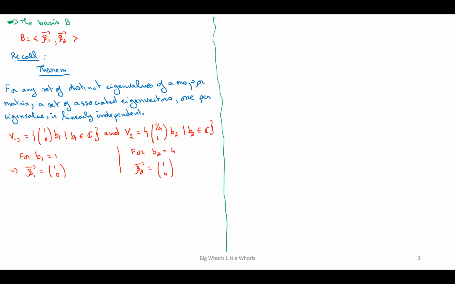Therefore, according to this theorem, we have our basis B equals beta 1, (1, 0), and beta 2, (1, 4). And the theorem says that these two vectors are linearly independent, and we can check it if you want to.